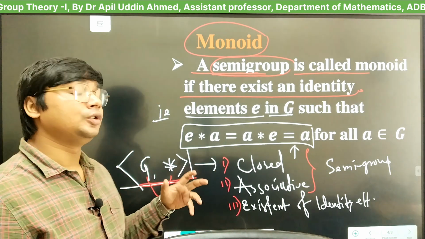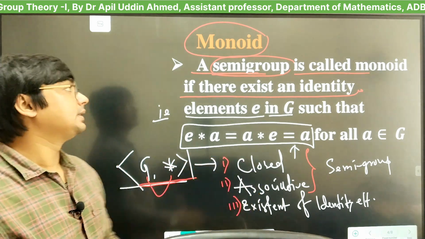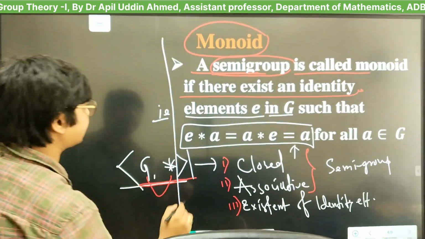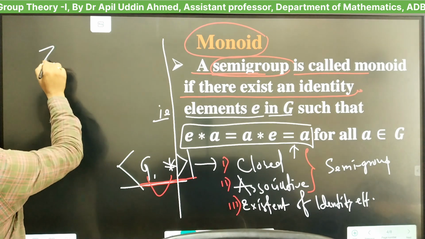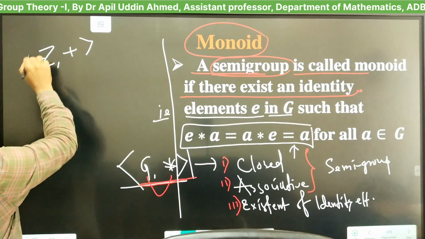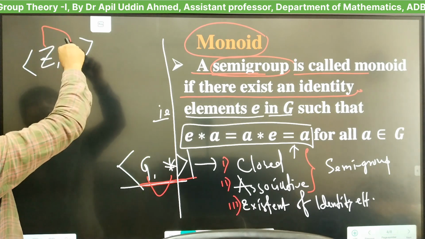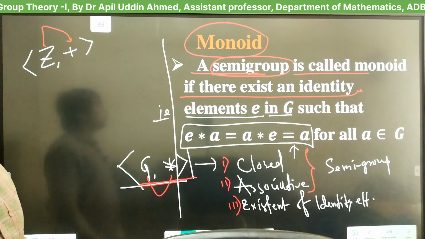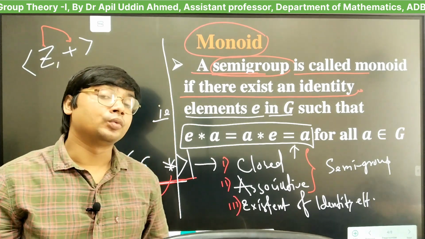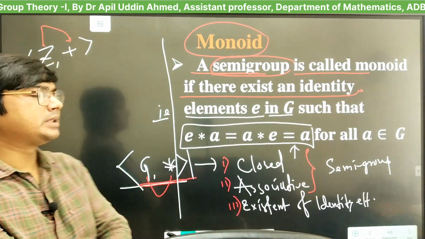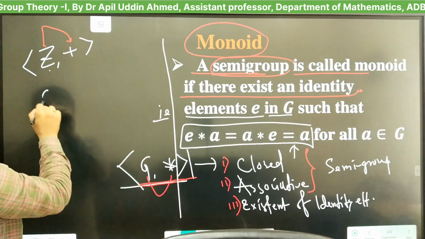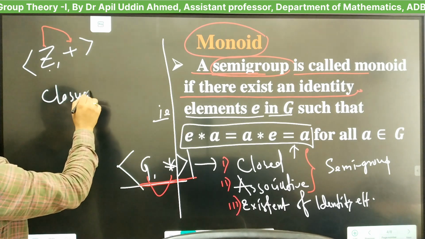For example, suppose we consider Z and plus, that is, the set of integers with respect to addition. This will form a monoid. How? First of all, this satisfies the closure property. Why?